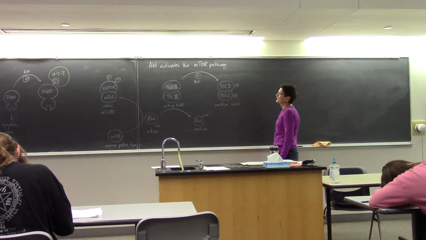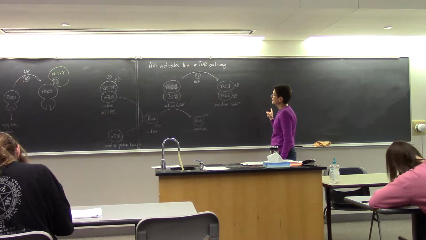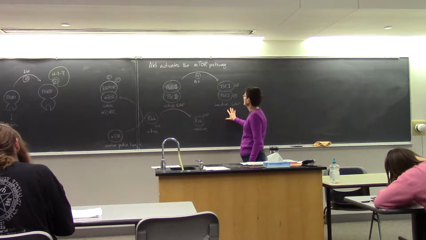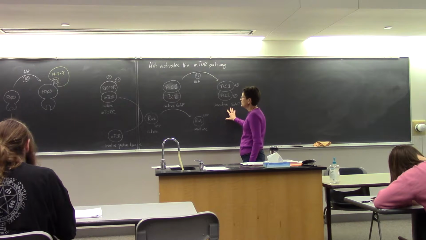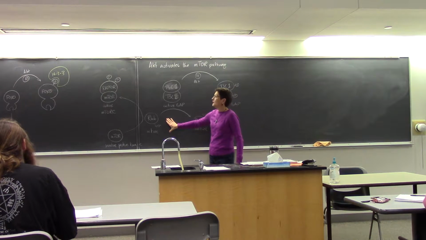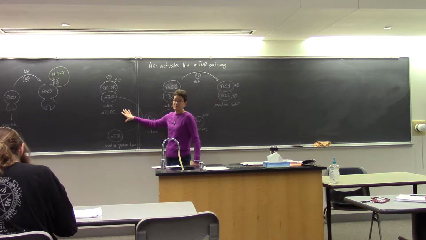So here's what we've done. AKT inactivates the GAP, so Rheb remains active, and that leads to the activation of mTORC, or the activation of mTOR.